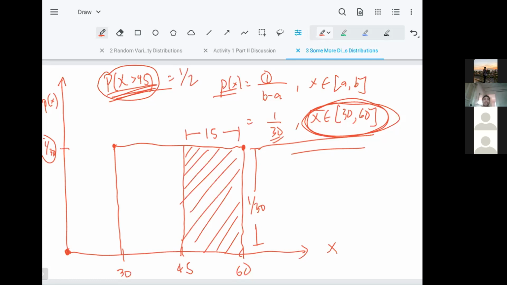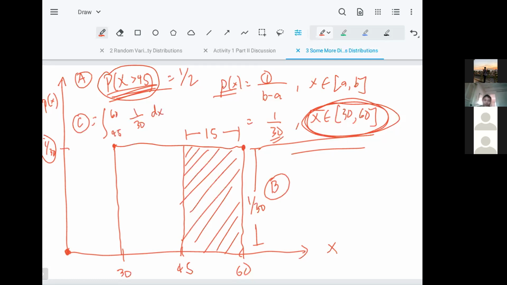So that's how you answer this. So ano yung sinasabi kong medyo fancy na way to phrase this? So this is one way to state it. This is another way, writing it as an area. But actually, it can also be written as integral from 45 to 60 ng 1 over 30 dx.